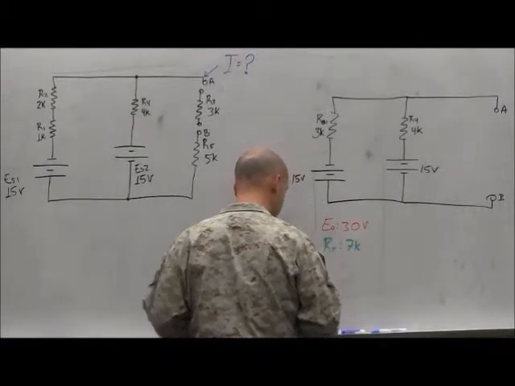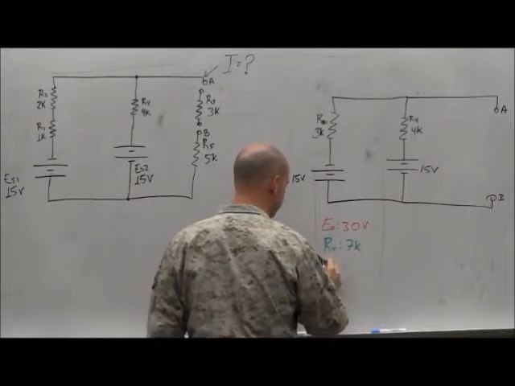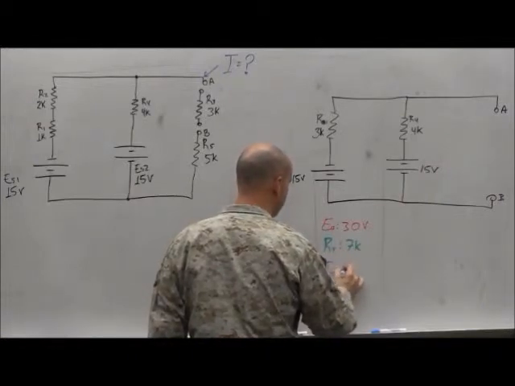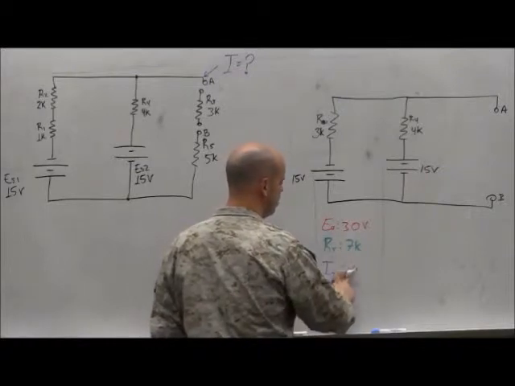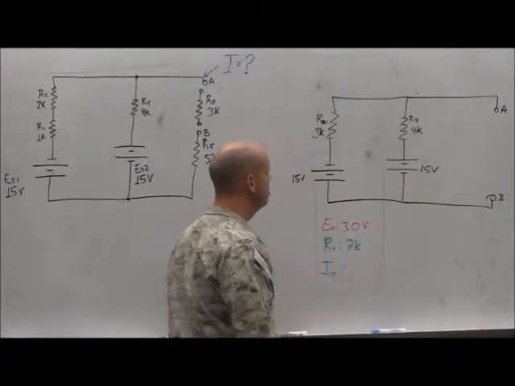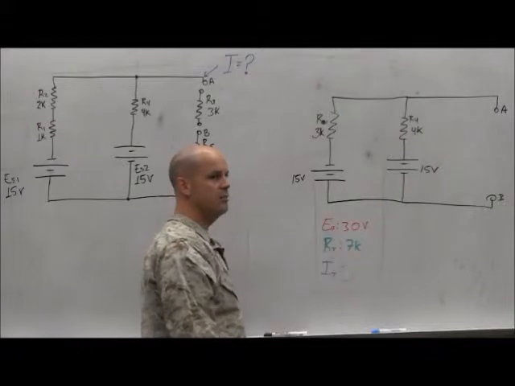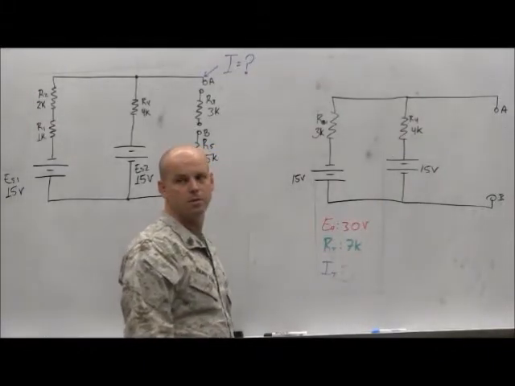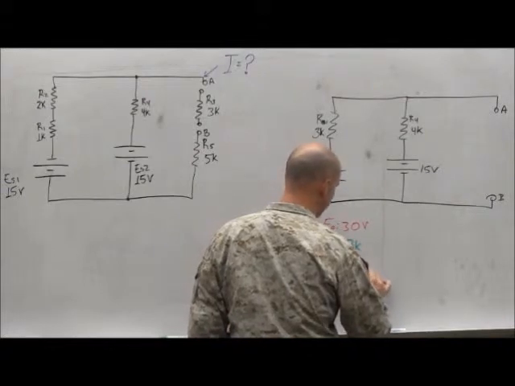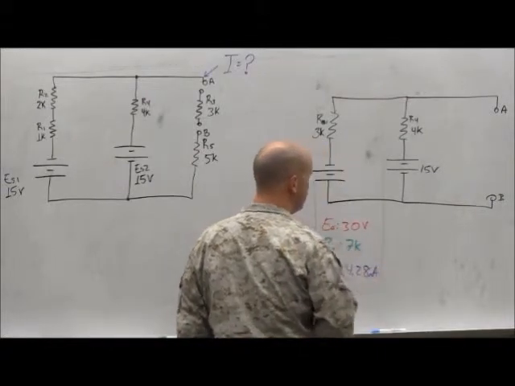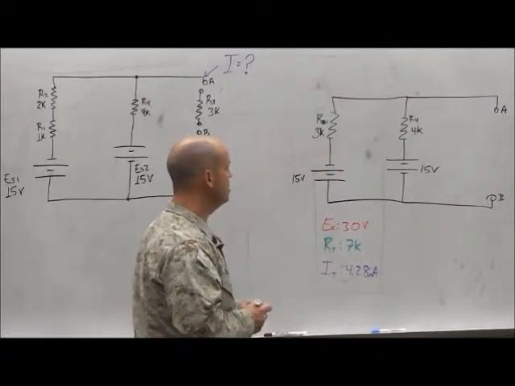So that gives me a total current of what? They're not in parallel, it's a loop. 4.28 milliamps. Which direction is current going?